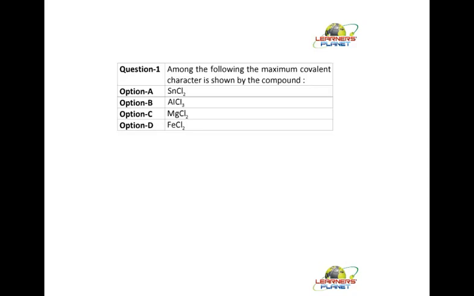For example, if this is your cation, Li plus, and I have got a big anion, the Cl anion. Now the anion size is bigger.